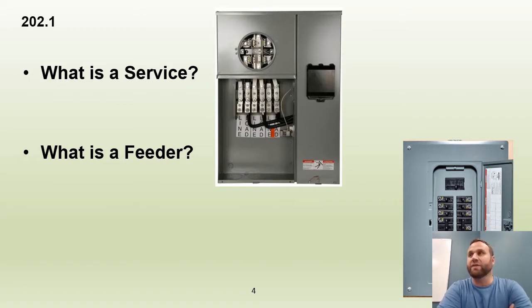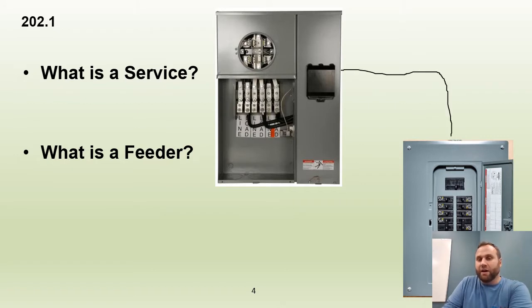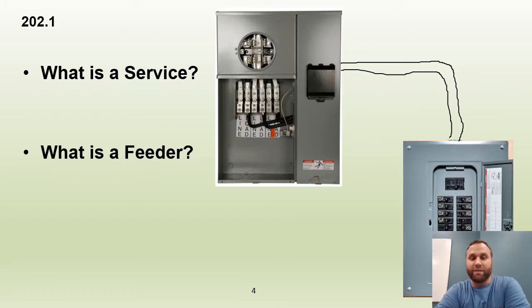And so exactly what then is a feeder? Well, if the service is connecting the building wiring to the utility wiring, then our feeder would be our service entrance conductors on the service side, or on the load side of our main disconnect breaker, it would be the wiring leaving our overcurrent protection and feeding our panel indoors after it's been protected by that main breaker.